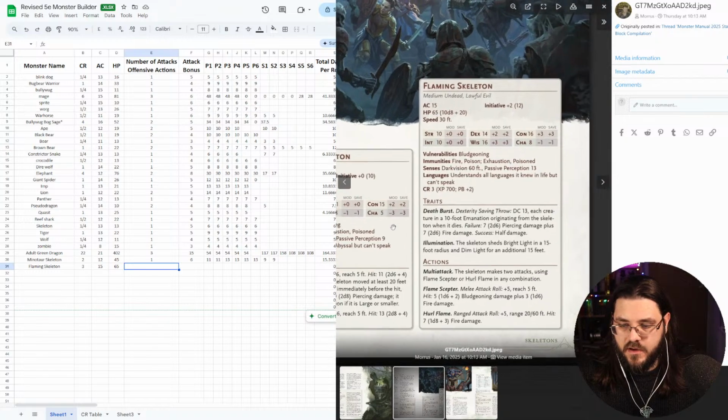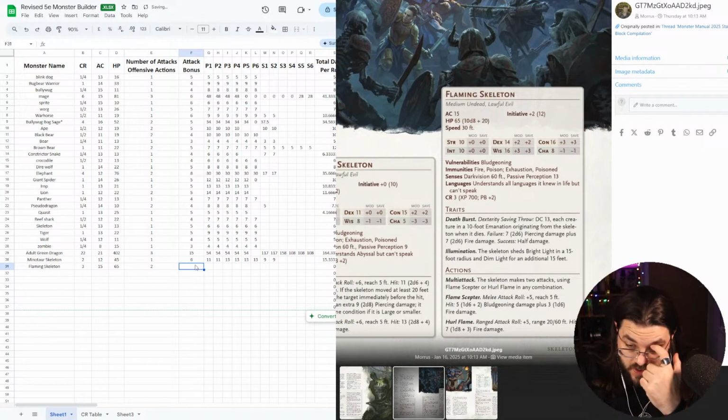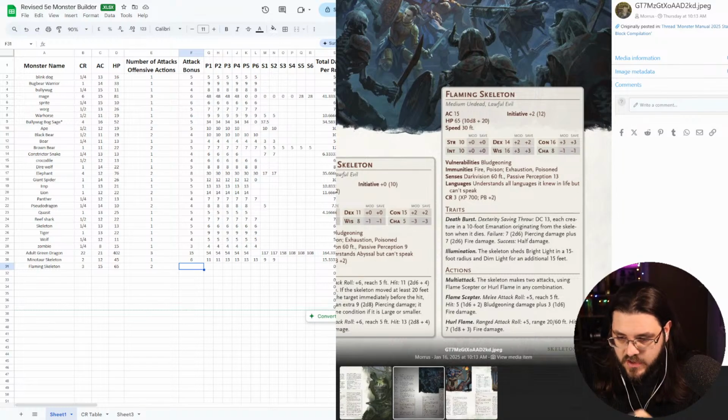What are you doing? I want to zoom in there, and then I want to be on here. So, Skeleton makes 2 attacks using Flame Scepter or Hurl Flame in any combination. It's both +5s. Both deal either 8 or 7 damage.